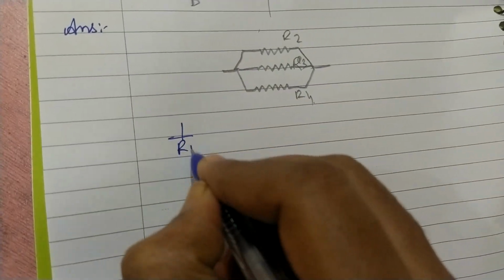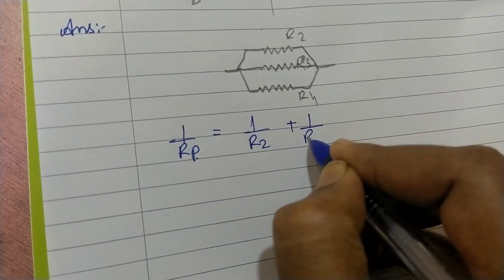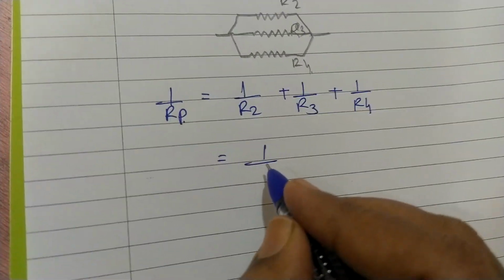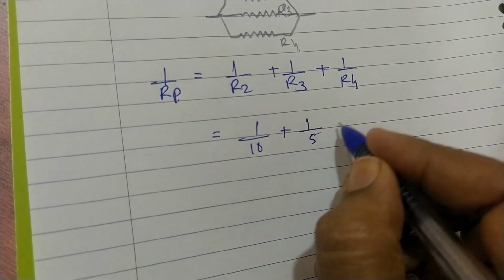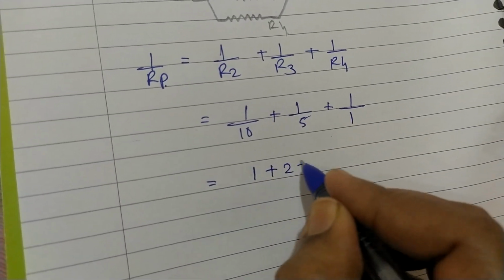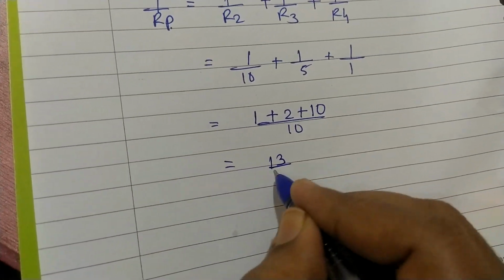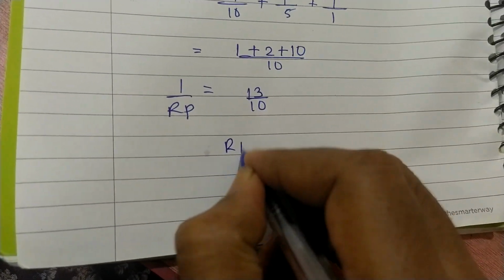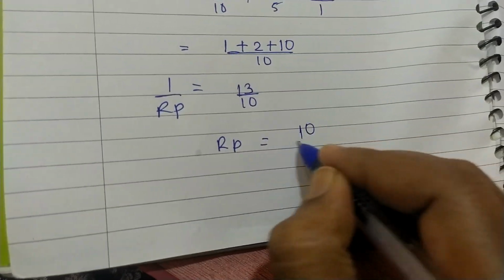Now 1 upon Rp, the resistance in parallel mode, is 1 upon R2 plus 1 upon R3 plus 1 upon R4. R2 is 10, R3 is 5 and R4 is 1. By taking the LCM, it's 1 plus 2 plus 10 divided by 10. Ultimately, it becomes 13 upon 10. 1 upon Rp is equal to 13 upon 10. So, Rp becomes 10 upon 13.